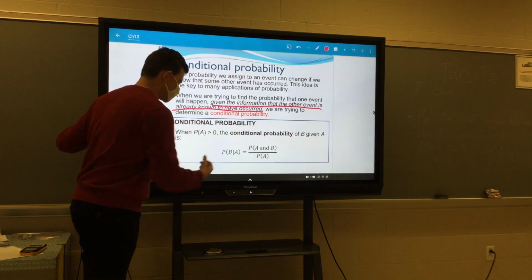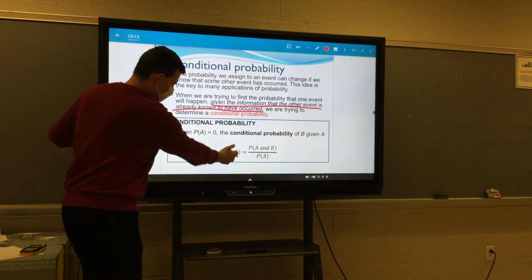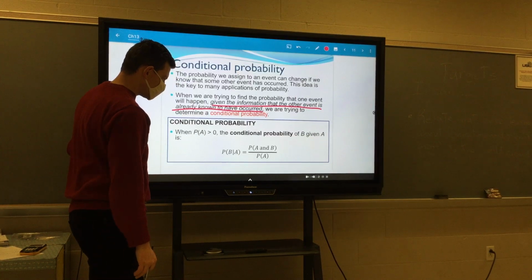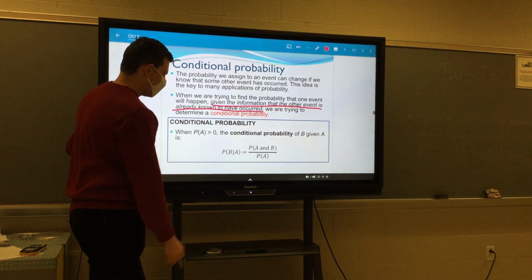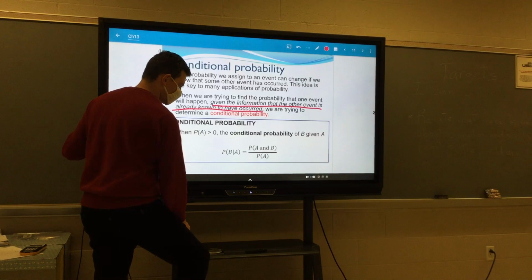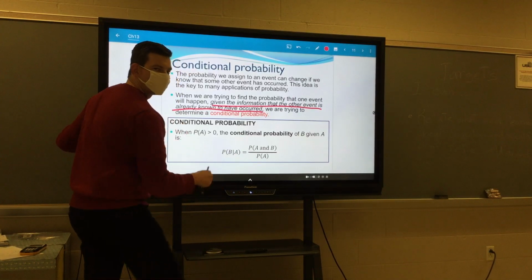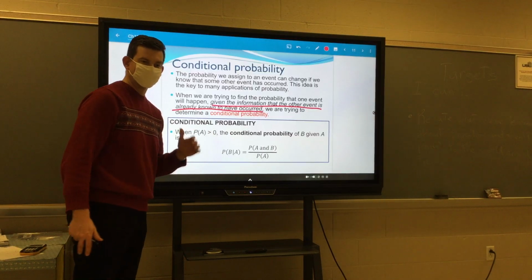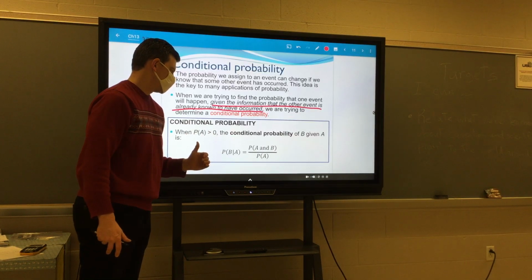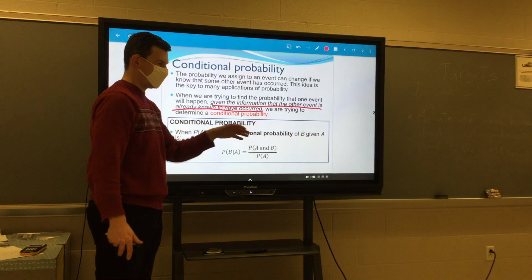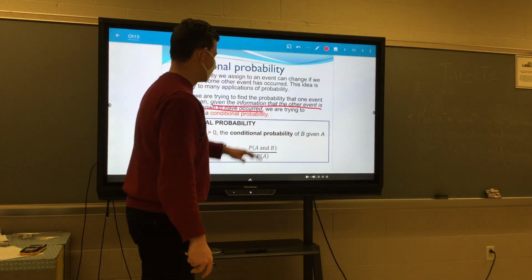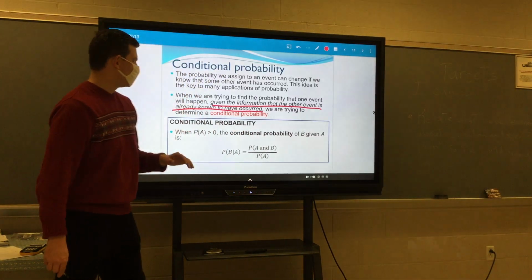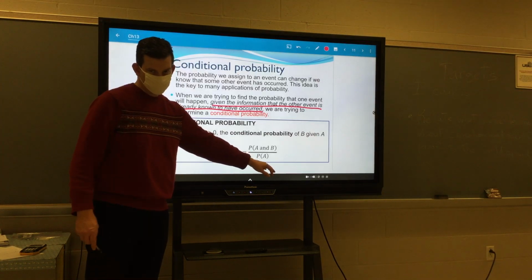Now, our equation for this is denoted as such. Probability of B given that A has occurred. This vertical bar means given whatever is following has occurred. So this is equal to the probability of A and B divided by the probability of that condition.